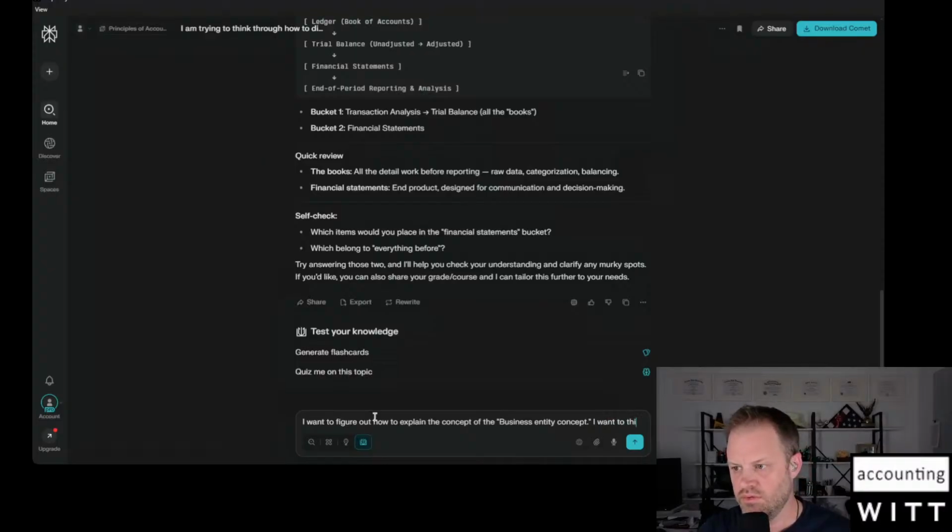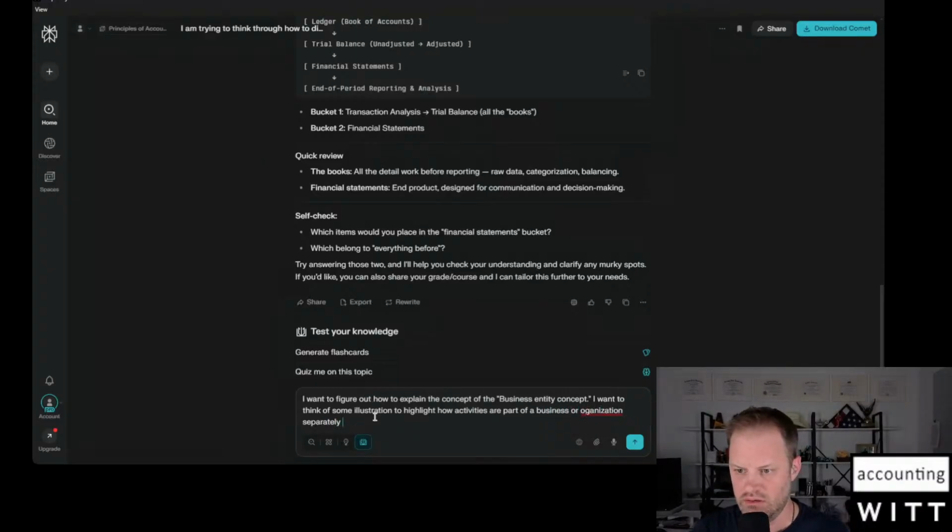I want to think of some illustration to really highlight how activities are part of a business or organization separately from the owners or other organizations.